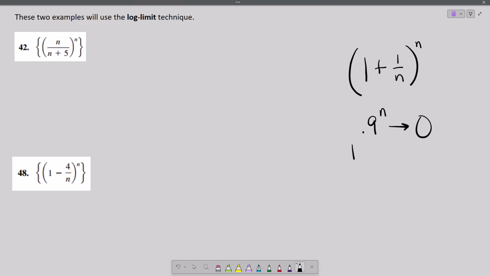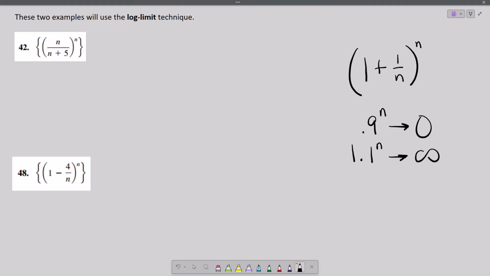Any number greater than 1, you multiply it by itself repeatedly, you get infinity as its limit. Right? You imagine 2 times 2 is 4, 4 times 2 is 8, 8 times 2 is 16, etc. Any positive number that's bigger than 1, if you multiply it by itself repeatedly, goes to infinity. All right?